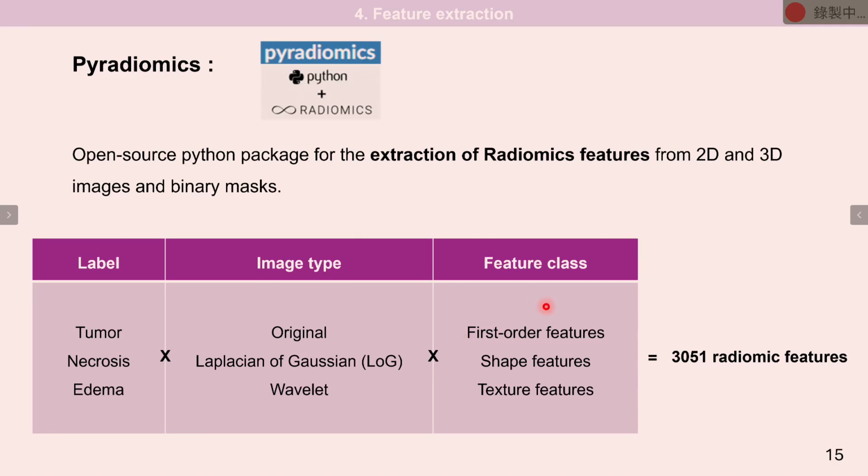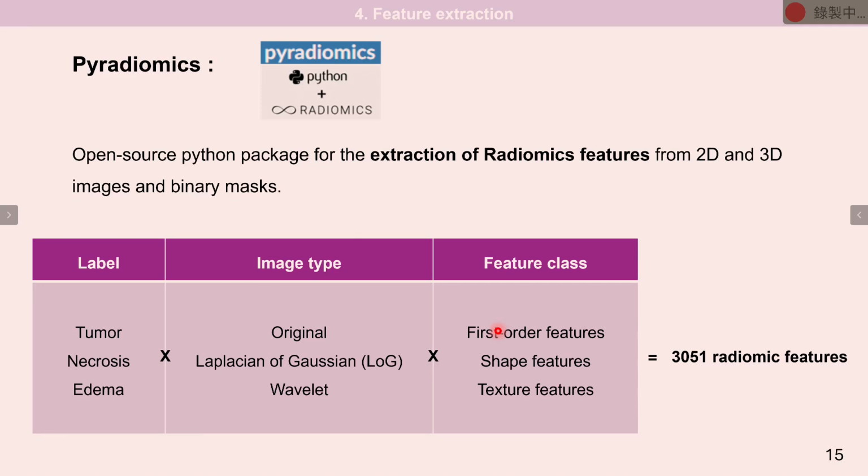Can you explain what a first-order feature is? First-order features mainly describe the distribution of pixel intensities within a region of interest in an image.